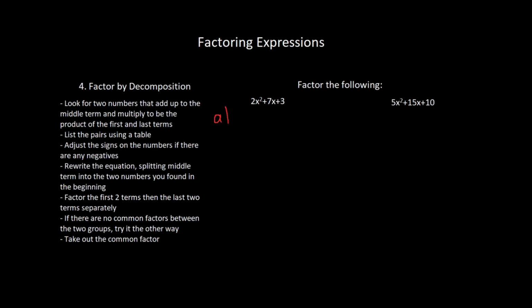For the first question, we have to find two numbers that add up to 7 and multiply to 2 times 3, which is 6.